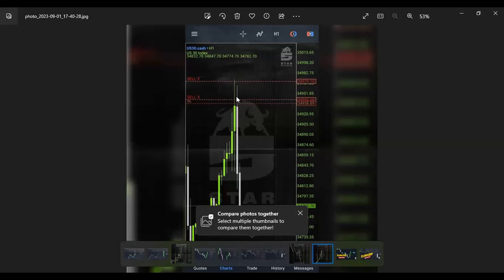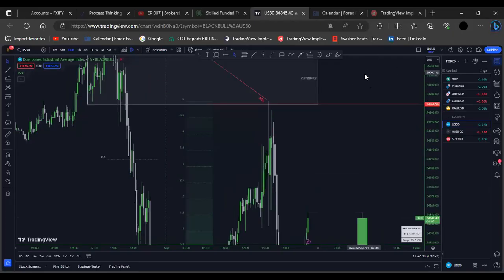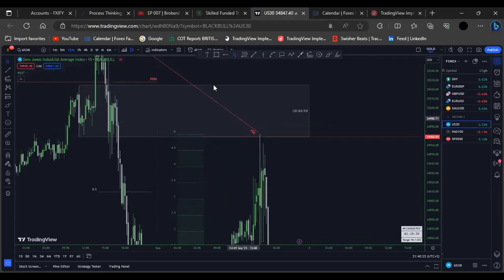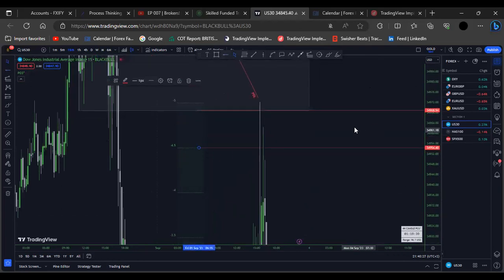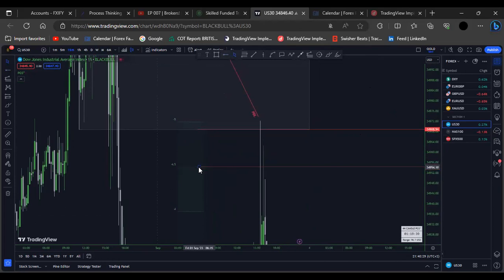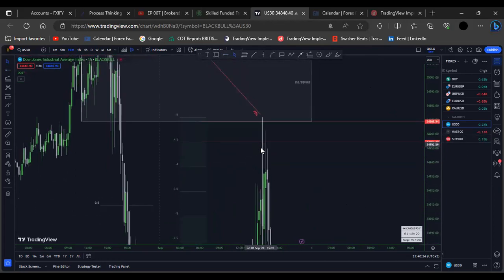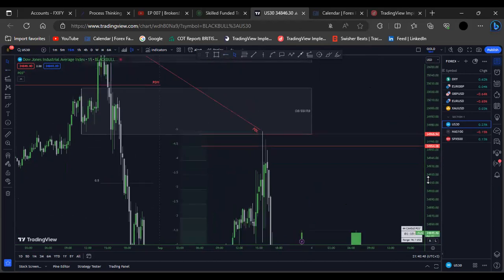First trade, second trade. I had two areas that I was anticipating to see price making a reversal from. So I had this one, the sniper, and then I had this one as well, which is the second trade. Price could have just made a reversal here and gone down, but it went for the second one.